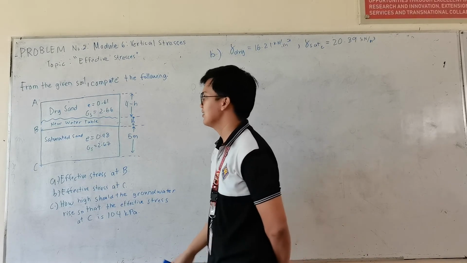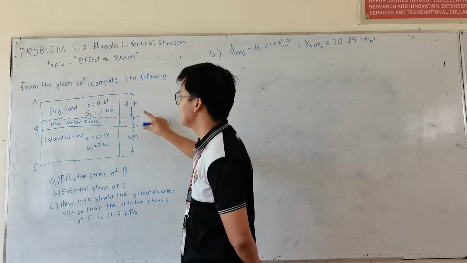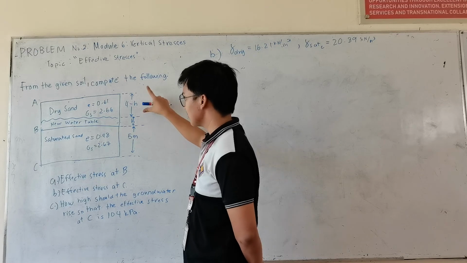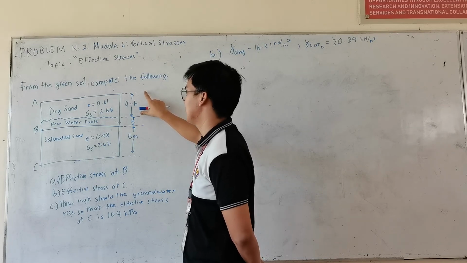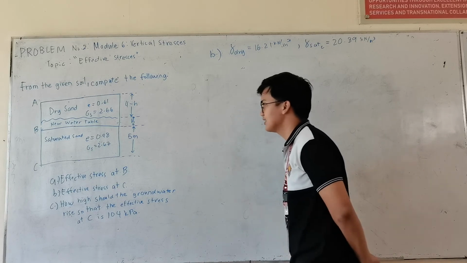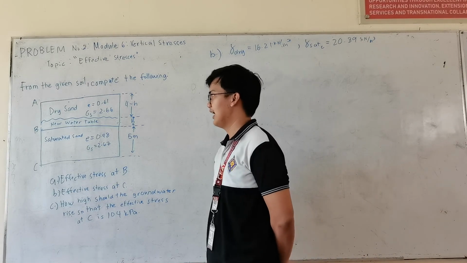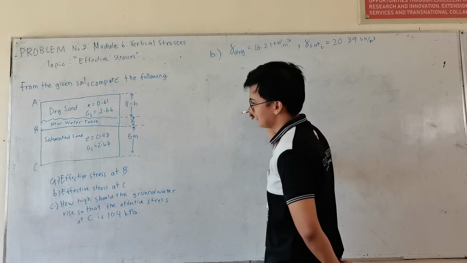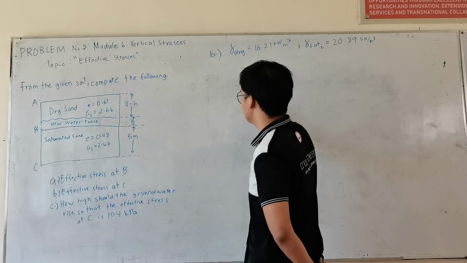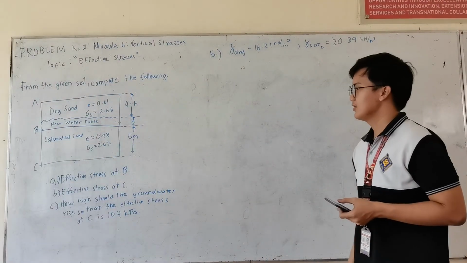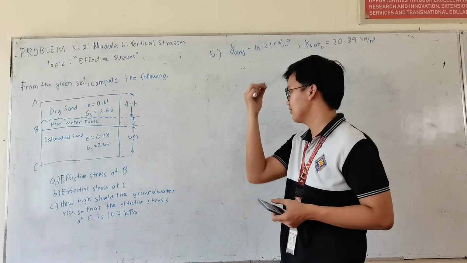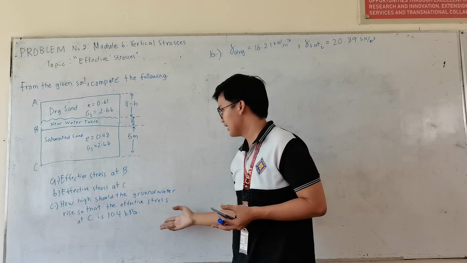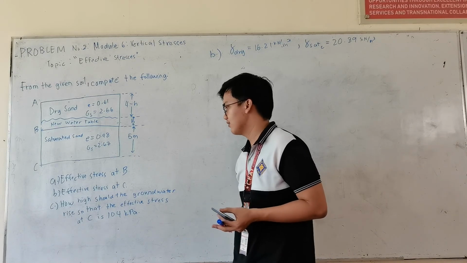May new water table tayo at yung thickness niya, yung height niya ay nirepresent ko as H. Sabay yung thickness naman ng dry sand natin is 4 minus H. So magtataka kayo, bakit ko pinakita dyan ang ating height?